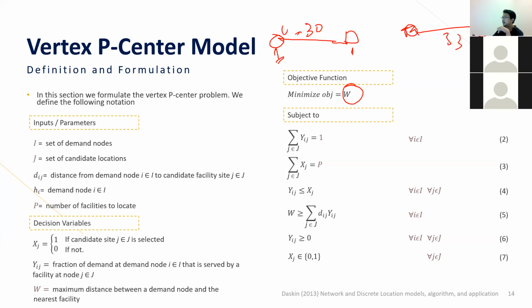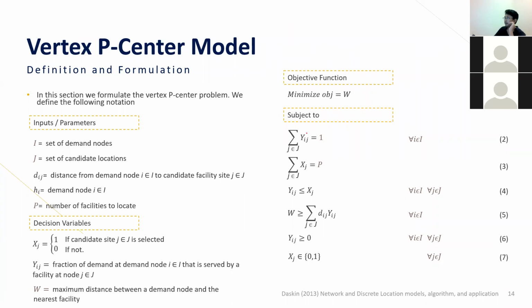This will be the W. This W1, W2, something like that. But we will compare, if this one is less than this one, the W will be 30. This one should be replaced by the new one.